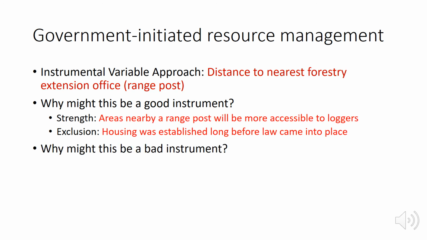So the argument is that when we're looking at deforestation, if there's a range post there, it's more accessible to loggers. This is going to have an influence on whether or not there's a community group and how much that community group manages. Why might it be exclusive? Because where you live was established long before these forestry extension offices, long before the law came into place, long before the range posts came into place.